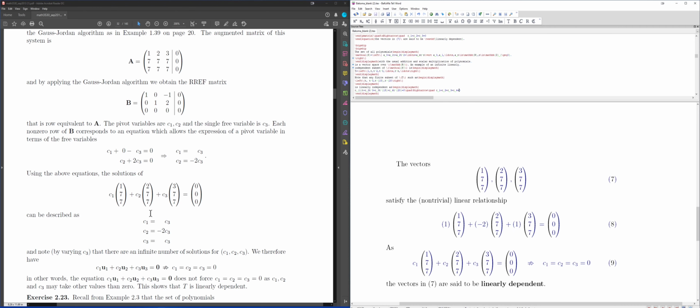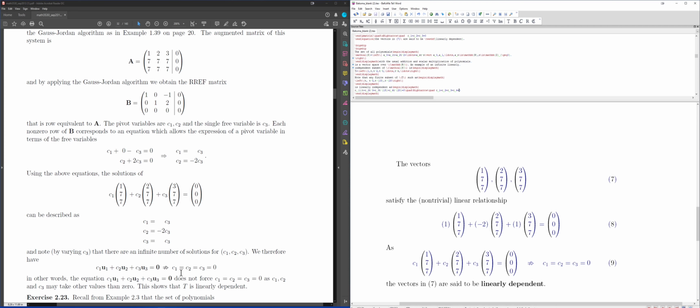But that isn't the only solution. You have solutions for any possible value of C3. C3 is a free variable. But the point is that for my vector equation over here, which is just a shorthand notation for the same vector equation, the solutions do not have to be zero.